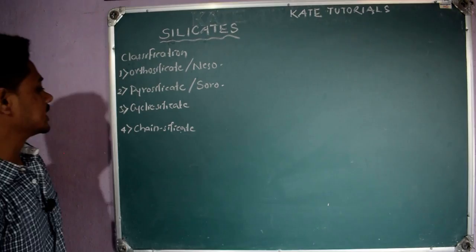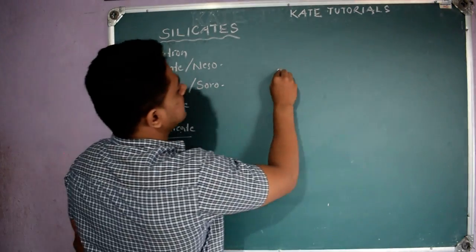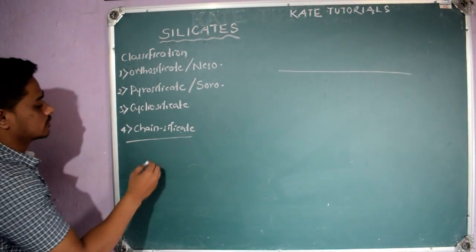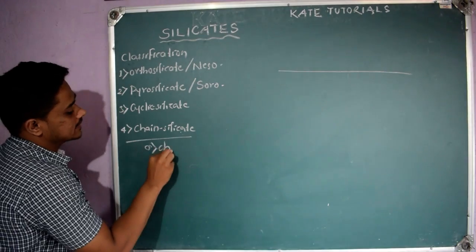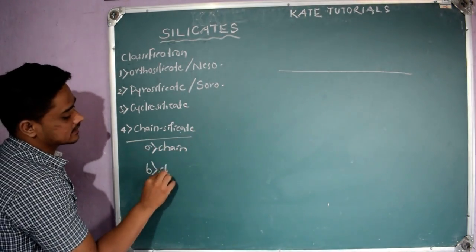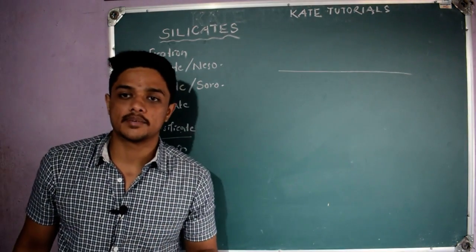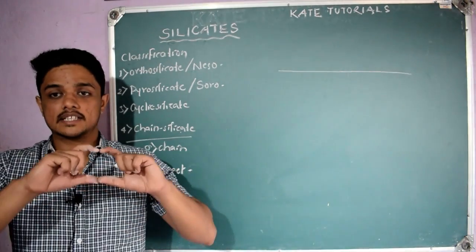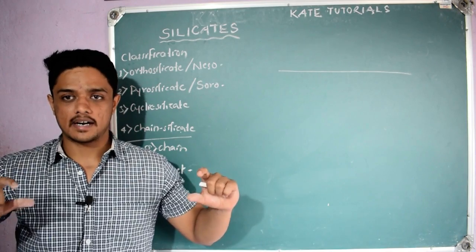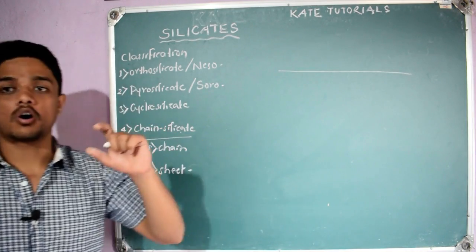Now let us discuss chain silicates. Chain means it will have a chain like this. In chain silicates, there will be 2 kinds. One is the simple chain-like structure, which I will draw now, and the next is the sheet-like structure. In the chemistry lab you can see very black sheets on the table.